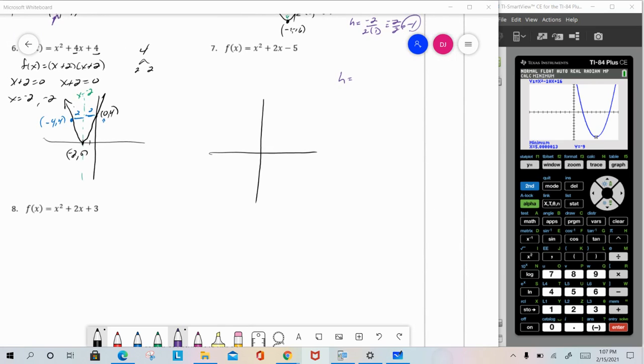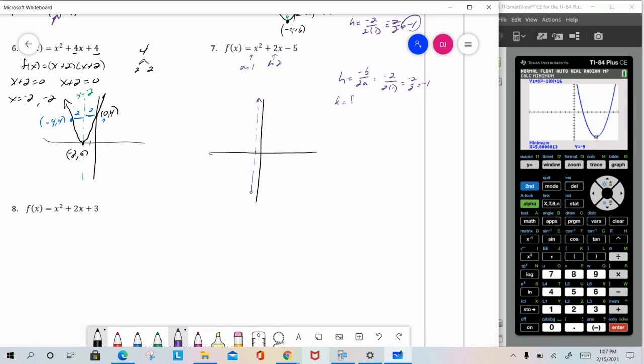So I'm going to find my h value by doing -b over 2a. b is 2 and a is 1. So that's -b over 2a. -2 over 2 is -1. So my axis of symmetry is -1.